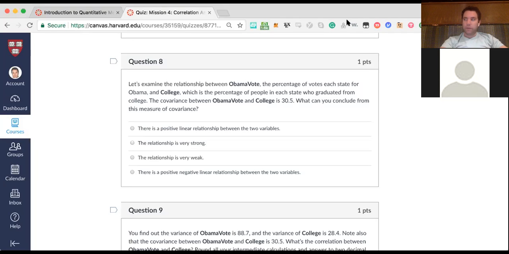The only thing that we can tell from a covariance statistic is whether there's a positive linear relationship or a negative linear relationship. Since this is a positive covariance value, we know that there's a positive linear relationship between the 2 variables. If you have a negative covariance, you'd have a negative linear relationship. This is for question number 8.